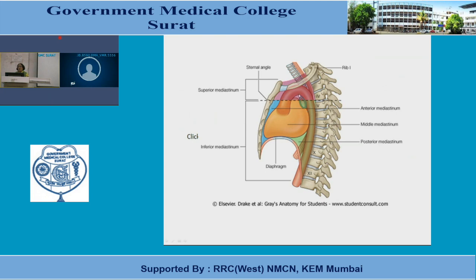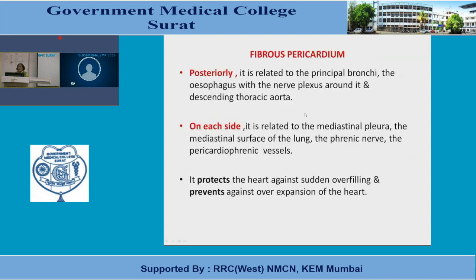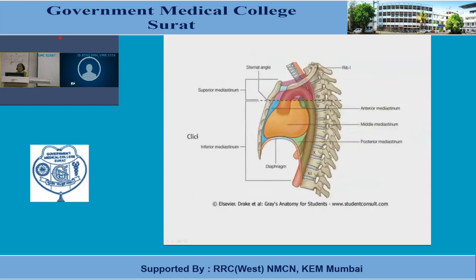That's why the fibrous pericardium posteriorly is related to the principal bronchi, the esophagus with the nervous plexus around it, and the thoracic aorta. We can see the esophagus is there, the trachea is there, so posteriorly the fibrous pericardium is related to the principal bronchi and the esophagus. Okay, so these are the anteriorly and these are the posteriorly related.